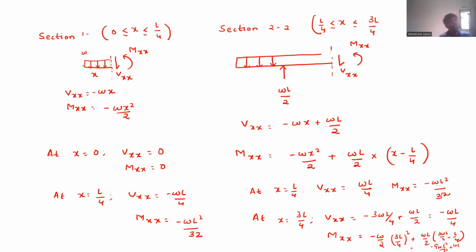So L by 2 times L by 2 gives L square by 4, so WL square by 4. So minus 9WL square by 32 plus WL square by 4. So minus WL square by 32 here.